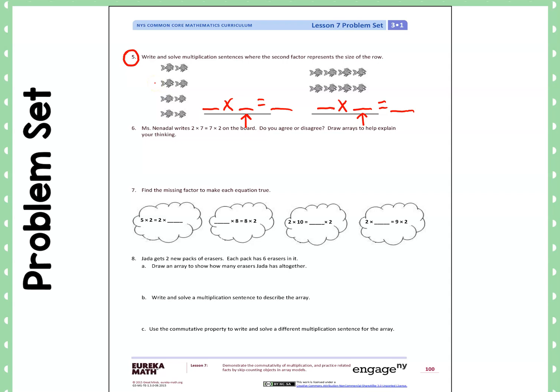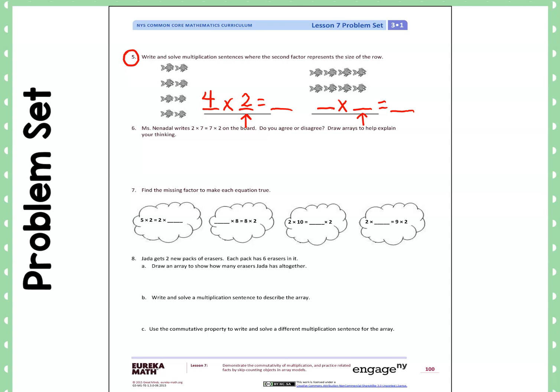So I see 1, 2, 3, 4 rows, and then I see 2 in each row. So let's think. The second factor has to be equal to the size of the row. Well, we just said there's 2 in each row. So this factor would be 2. Okay, and I also know for my first factor, I would be looking at the number of rows. So there are 4 rows of 2 in this array.